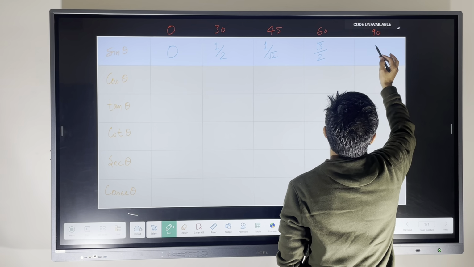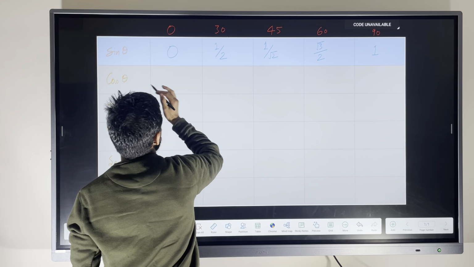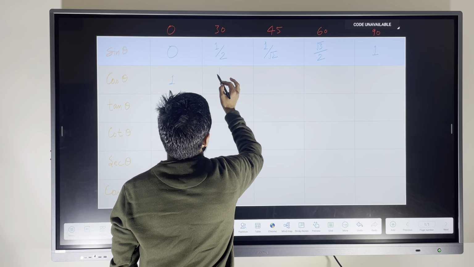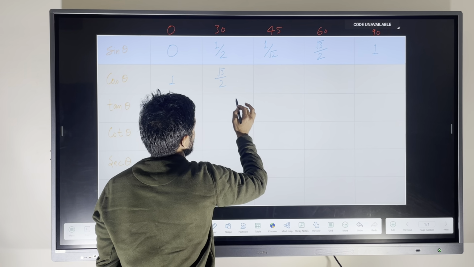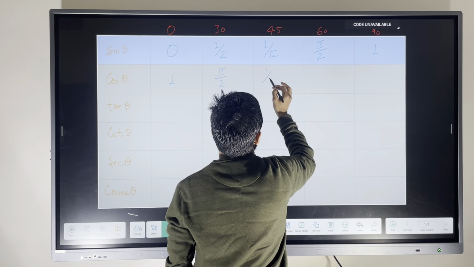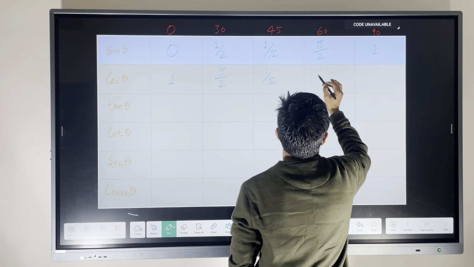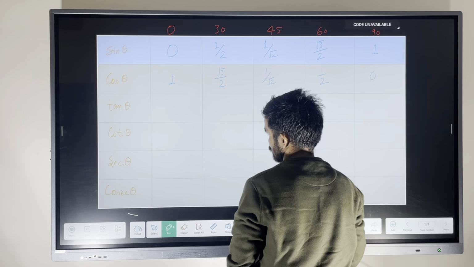What is the value of sine 90? That is 1. So, reverse it for cos. That is 1, root 3 by 2, 1 by root 2, now 1 by 2 and 0.